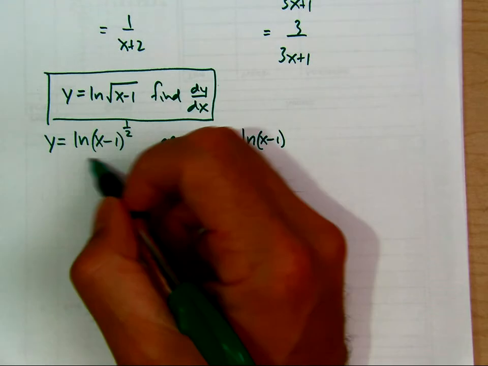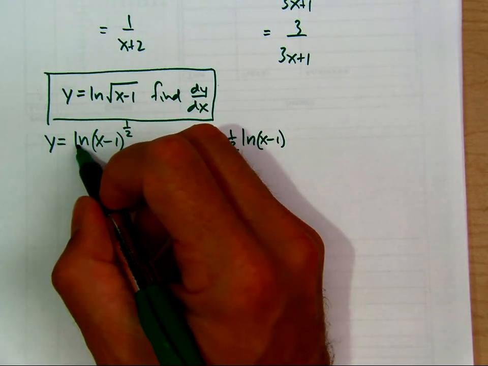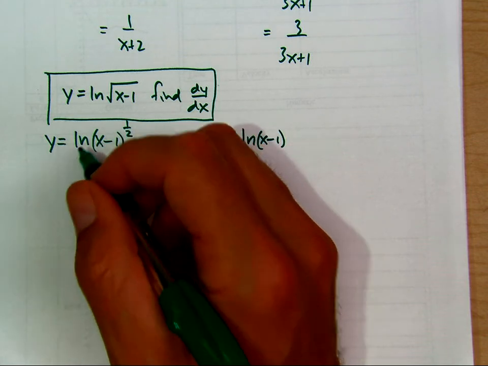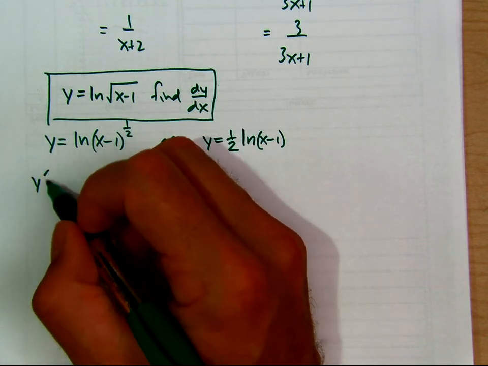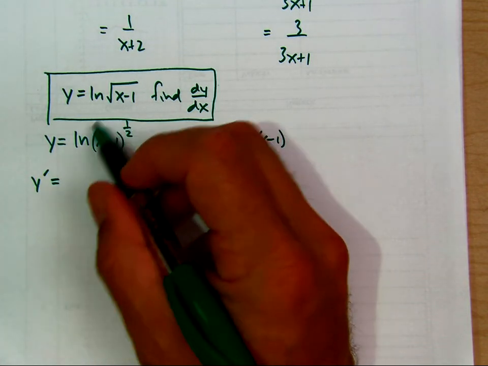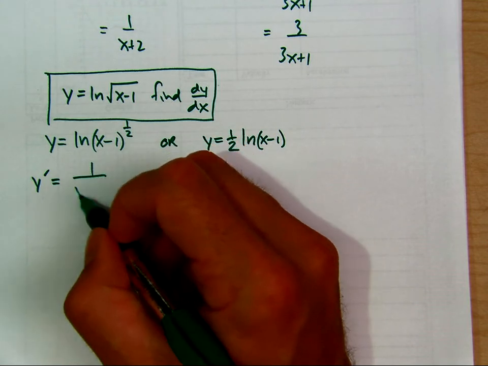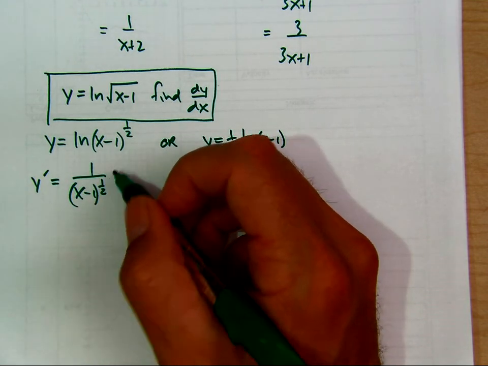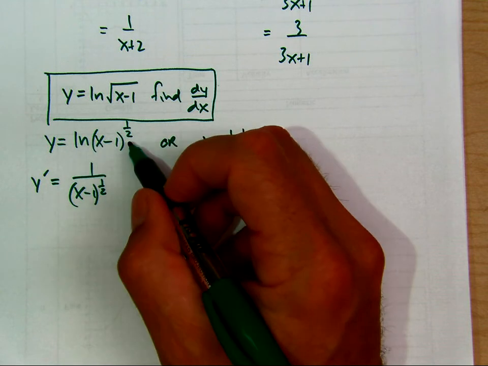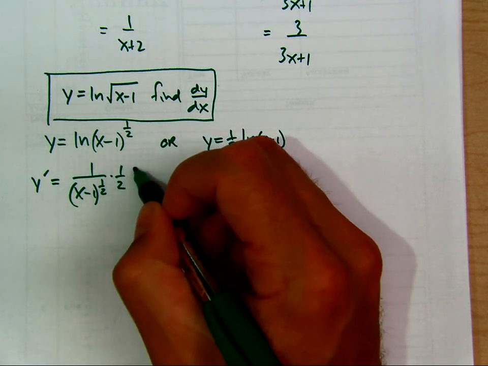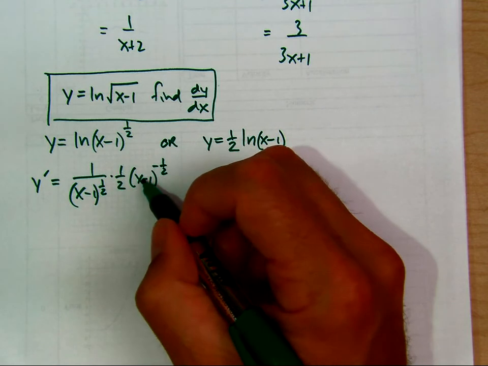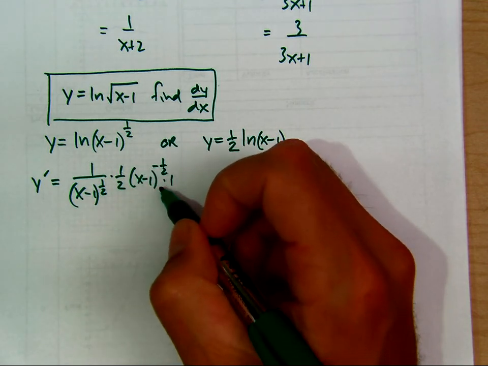If we did it this way, that would be the outside, and then here's an inside which has an outside and an inside. So y prime is the reciprocal of this, and then we have to do the derivative of this, which is 1/2 (x - 1) to the negative 1/2, times the derivative of this, and that's 1.